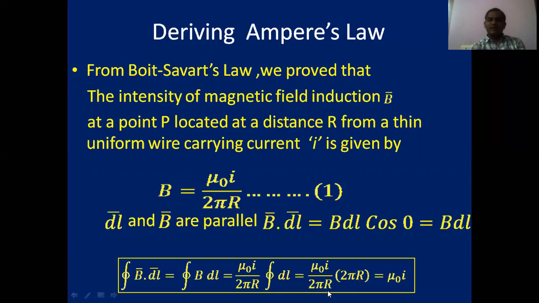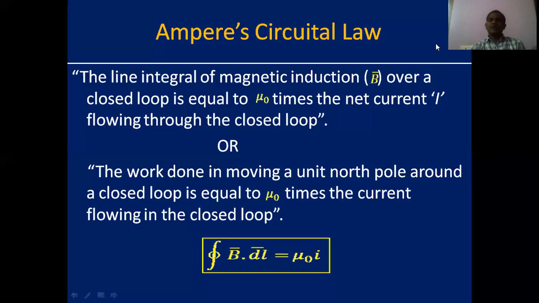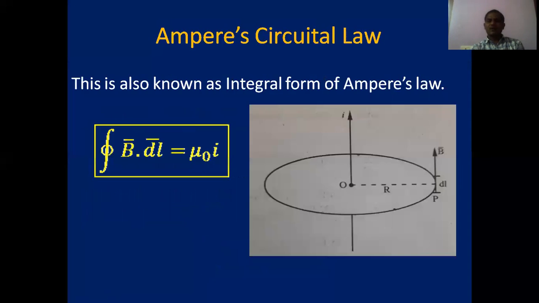So one more thing we will explain here. Ampere's circuital law we stated as closed integral B bar dot dL bar equals mu naught I. Okay.